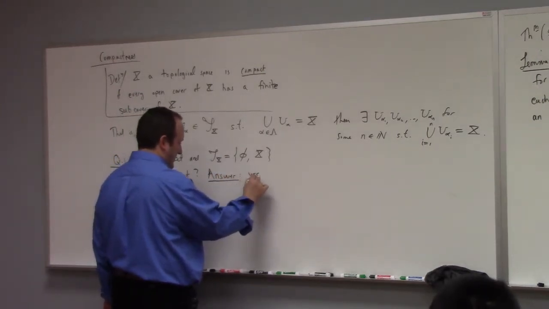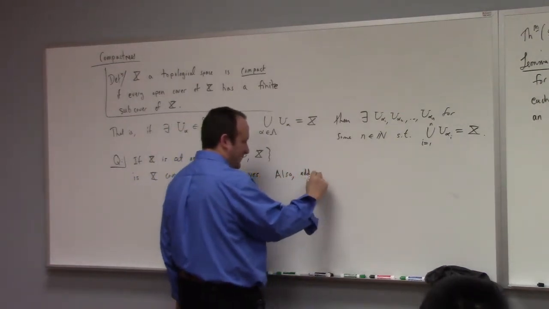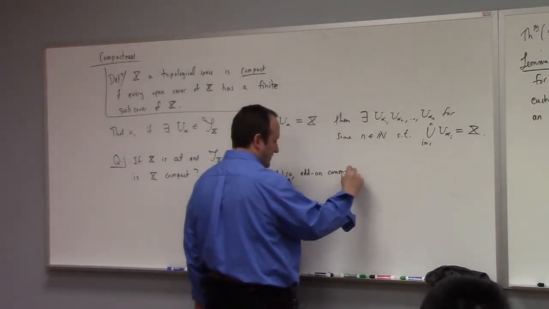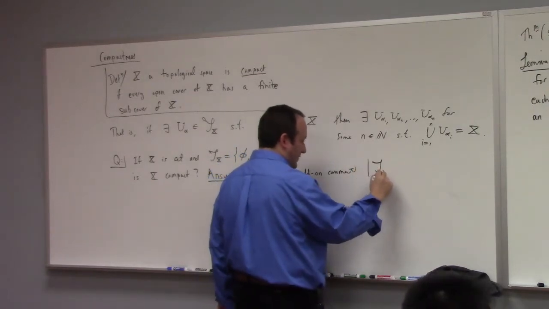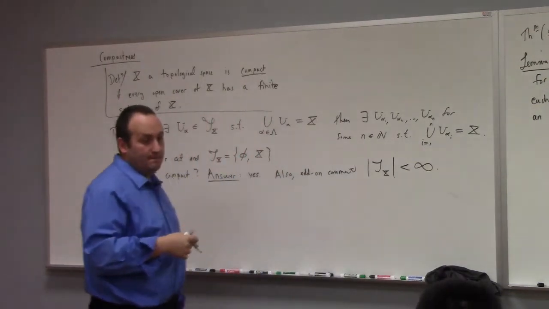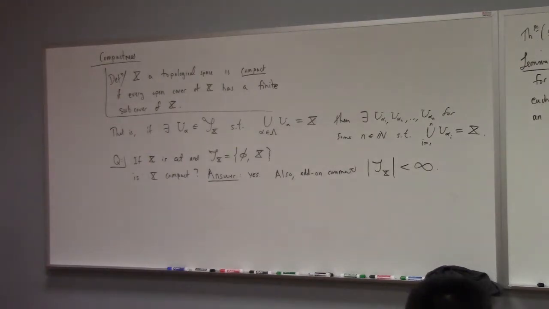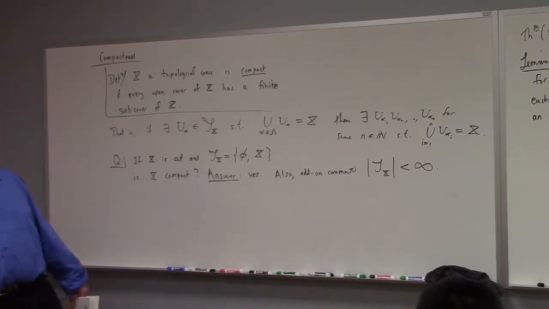Also, you have an add-on comment: if the number of open sets is less than infinity, then every open cover has to be finite. And of course, if the cover is finite, it's its own finite subcover. There's no expectation that the finite subcover be smaller.